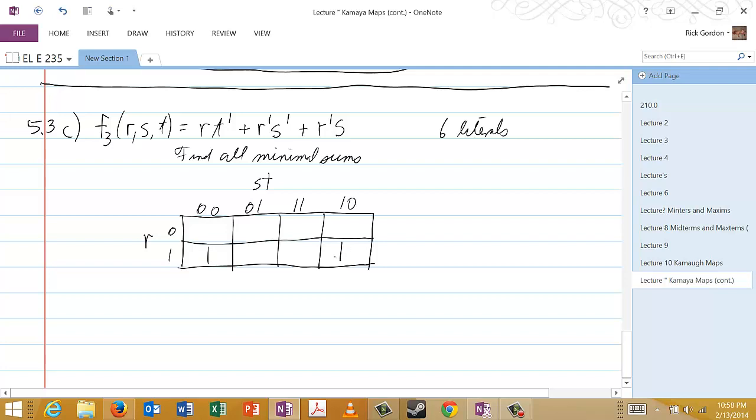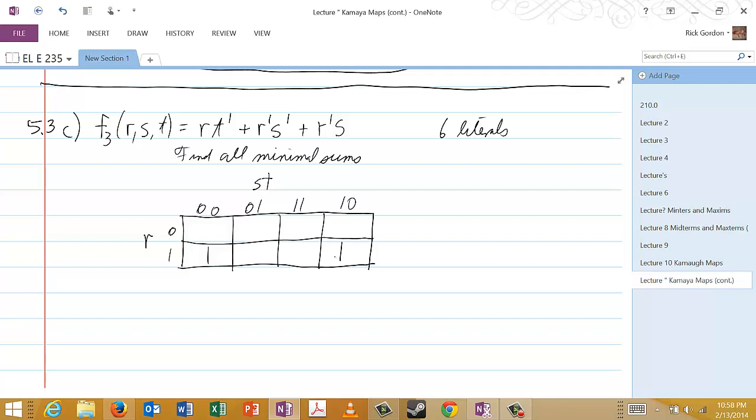And notice that if you looked at those two cells as a grouping, S is changing, so S would not appear in the name, but R is constant equal to 1 and T is constant equal to 0, so indeed the name would be R T prime.